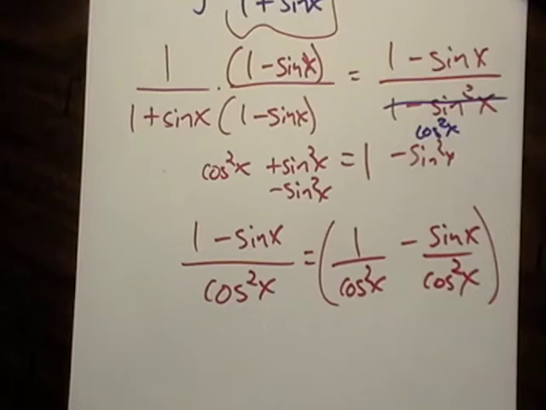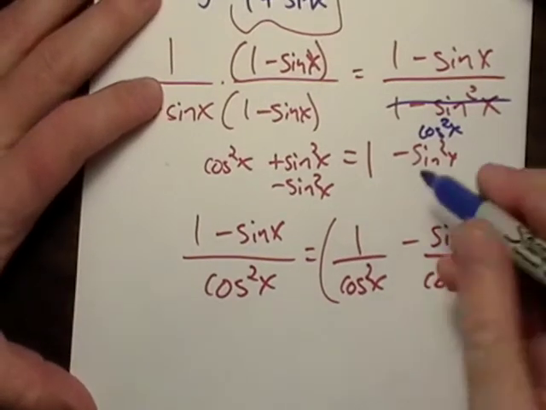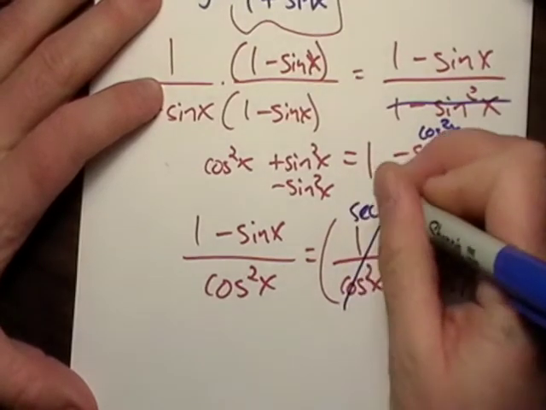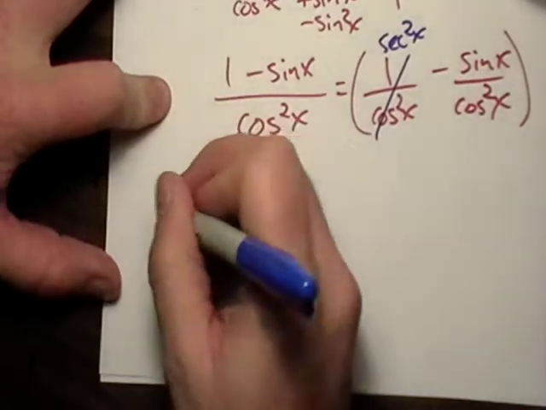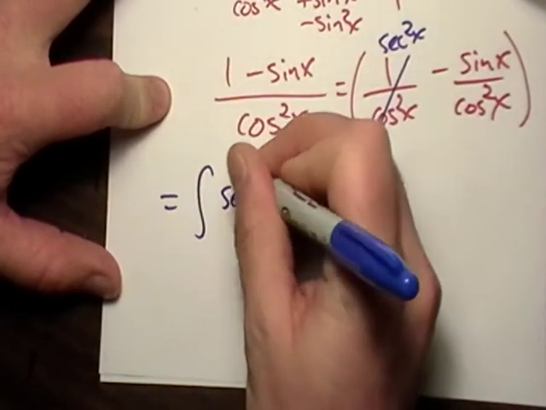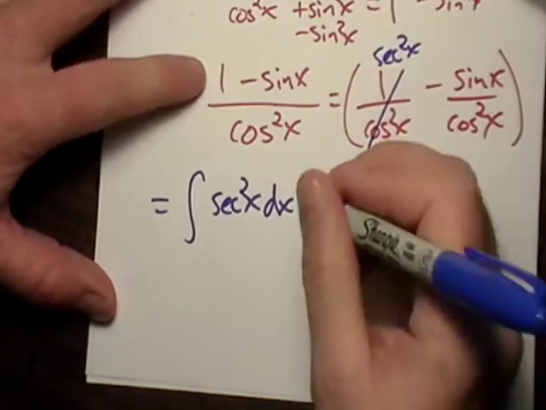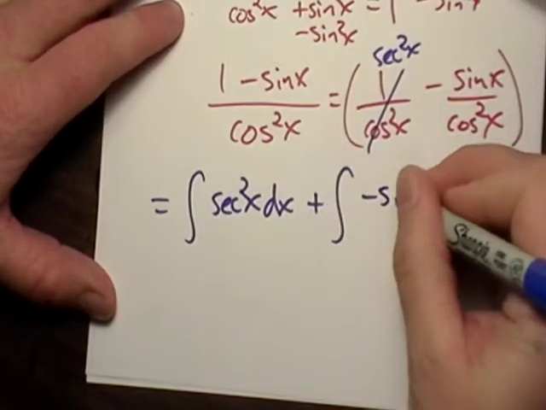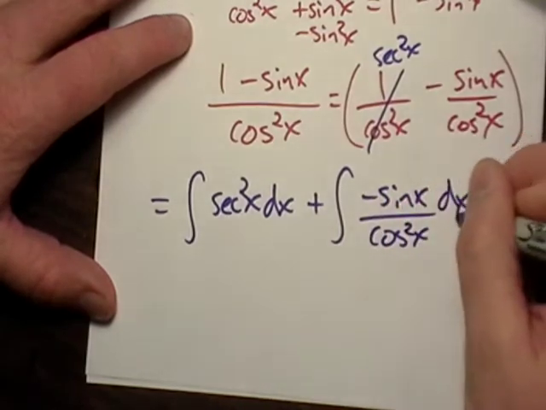So it looks like I can integrate this term by term now. This 1 over cosine squared x is just secant squared x, so now we have the integral of secant squared x, and the other integral of sine x over cosine squared x dx.